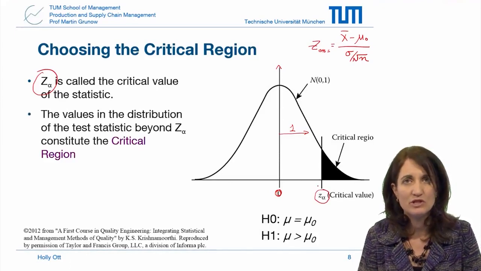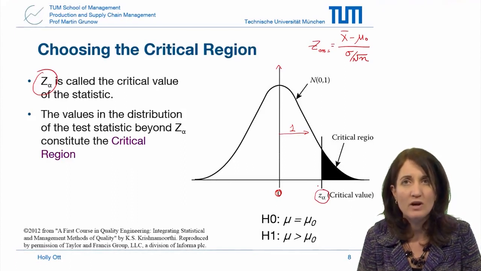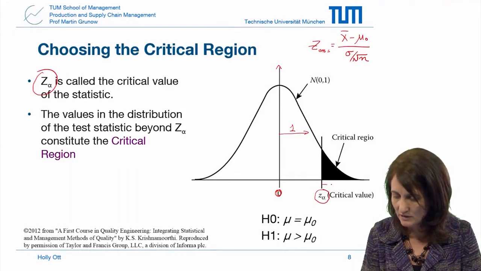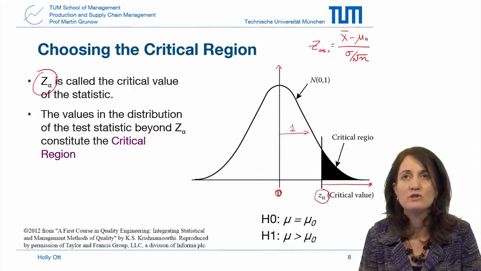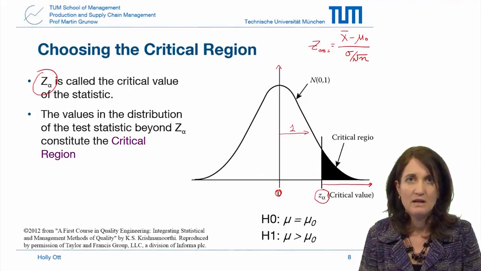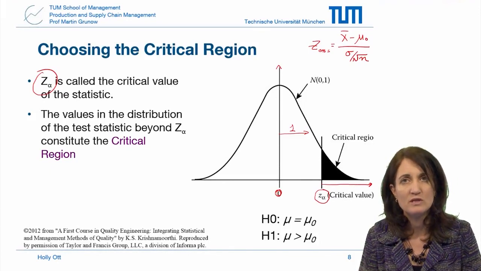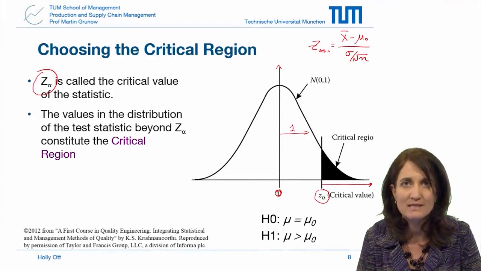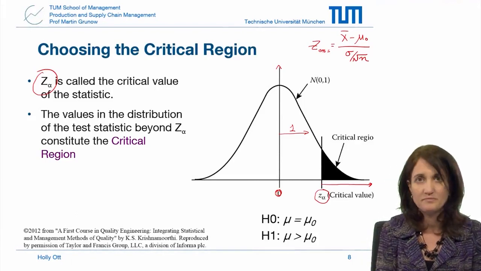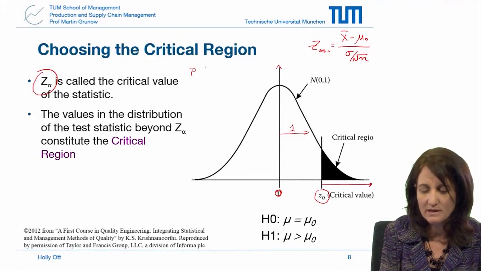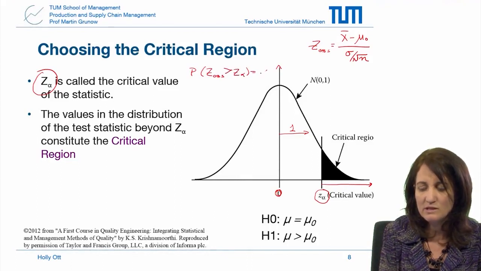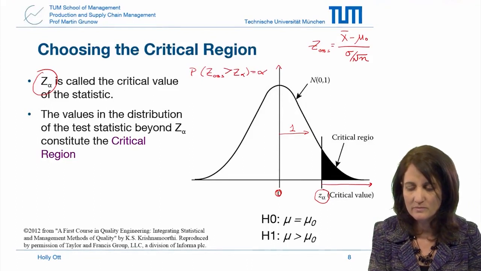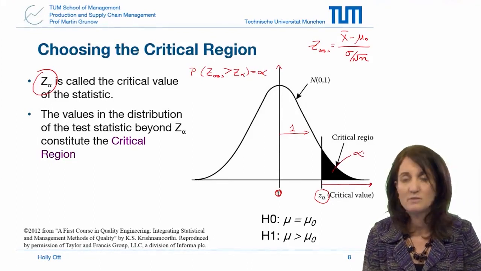The values in the distribution of the test statistic beyond z alpha here constitute the critical region. And in this case, the critical region is chosen as the set of all observed values of the test statistic that are greater than z alpha, where the probability that z observed is greater than z alpha is equal to a small value alpha, which is here, the probability.